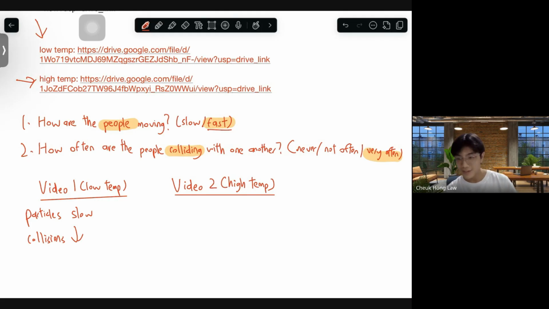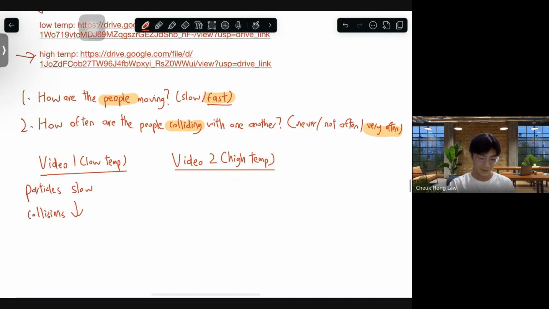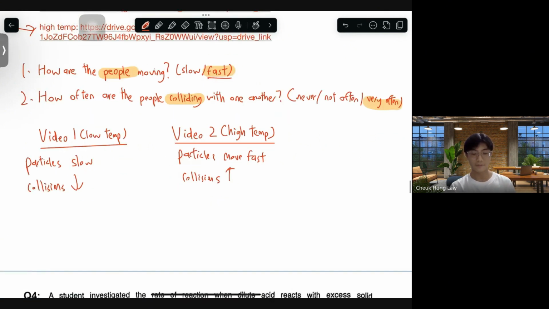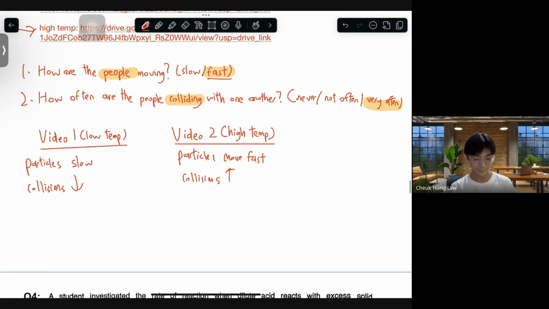YW Lee said high frequency of collision. That is correct. Now the people become particles. The particles move very fast, and you see they keep colliding with each other, so the frequency of collisions is very high.